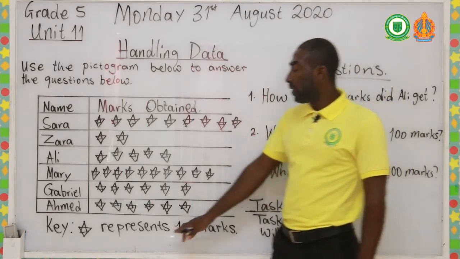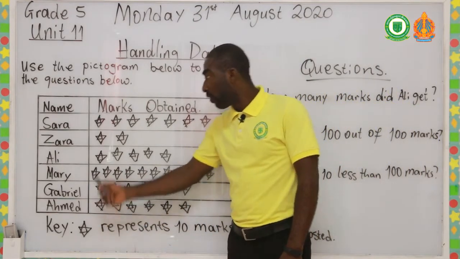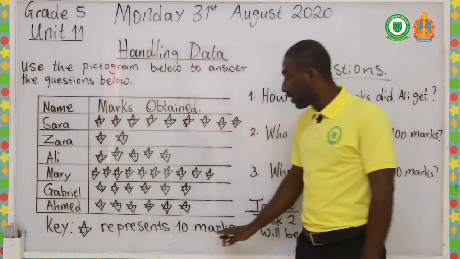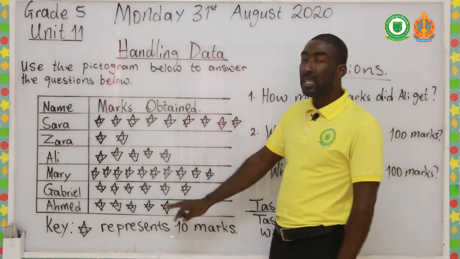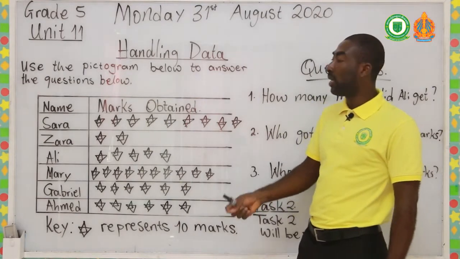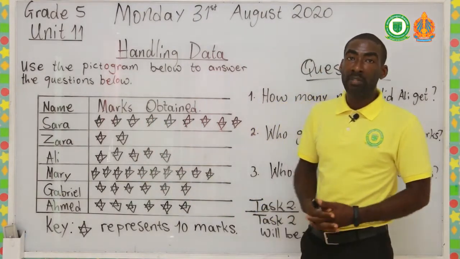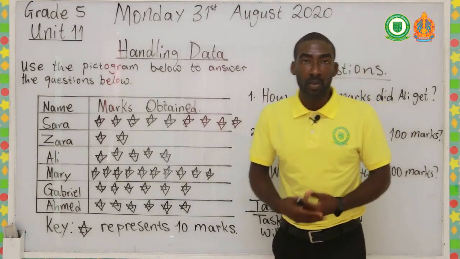So once we have the key explaining that every star that you find here represents 10 marks, that is the instruction that you're going to use to interpret your pictogram, and that will help you to answer all the questions.